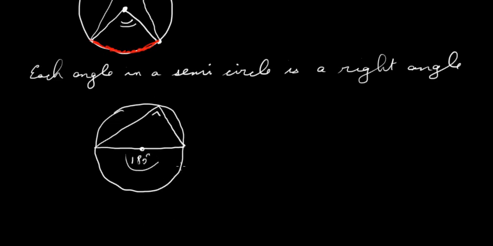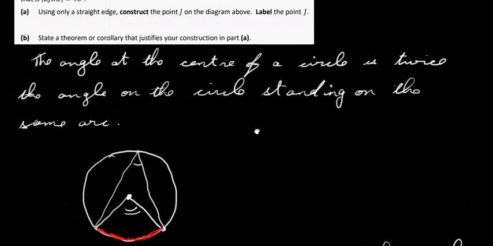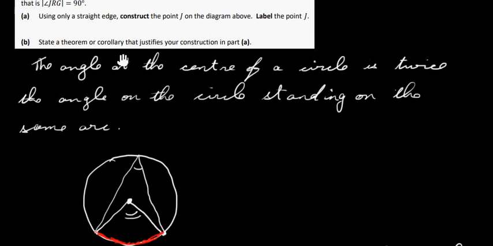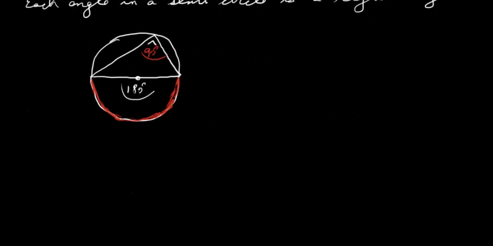They're both standing on this arc here, the angle at the center and the angle at the circle. So if this is 180 degrees, this must be 90 degrees, and that is a corollary of this theorem. So that's stating the theorem or a corollary that justifies your construction. We've done both here. Okay, so that's it for those two questions.